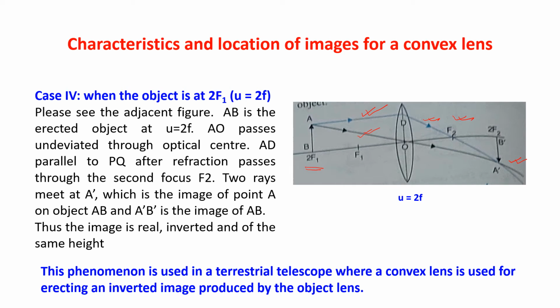So if we put the object at 2f1, then we will get the image also at 2f2, and the object and the image will be of the same height. This phenomenon is used in a terrestrial telescope where a convex lens is used for erecting an inverted image produced by the objective lens. Am I clear, children?